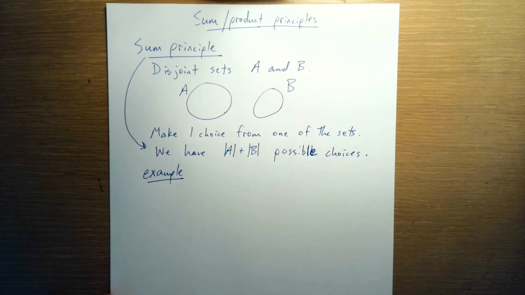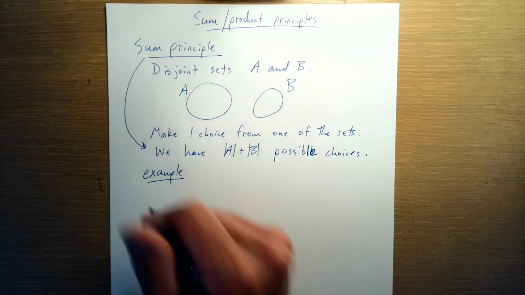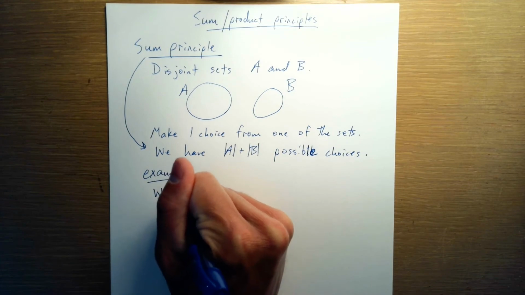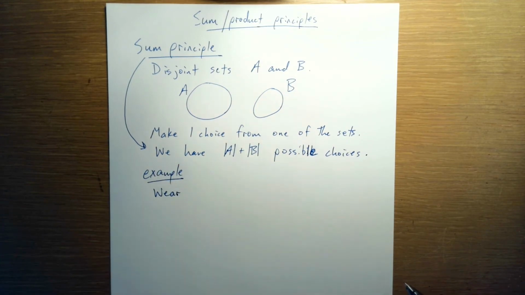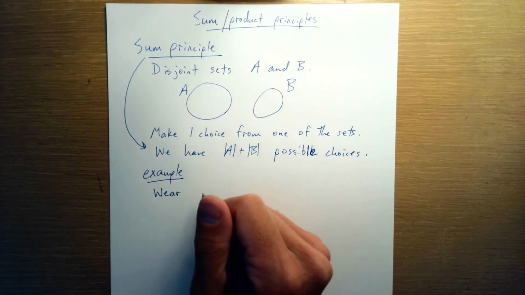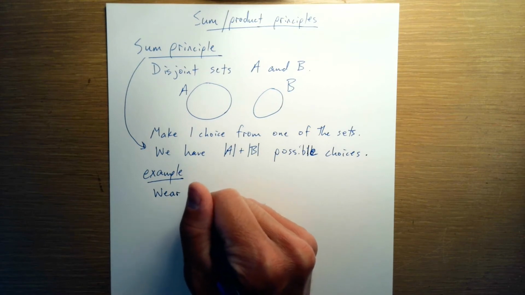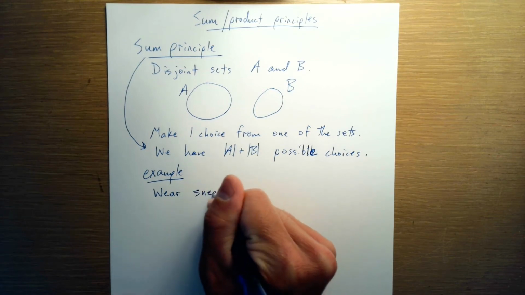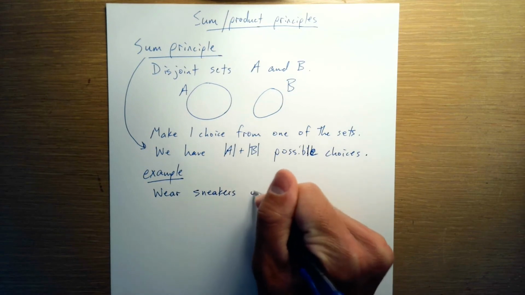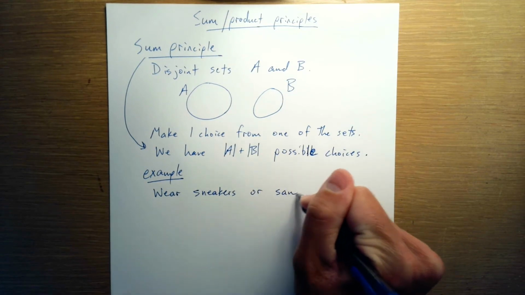And let's say we have this scenario where we're getting ready for the day, and we have to choose what we're going to wear on our feet. So we want to wear one type of shoes, but we have 2 different types we can pick from. So we want to wear either sneakers or sandals.